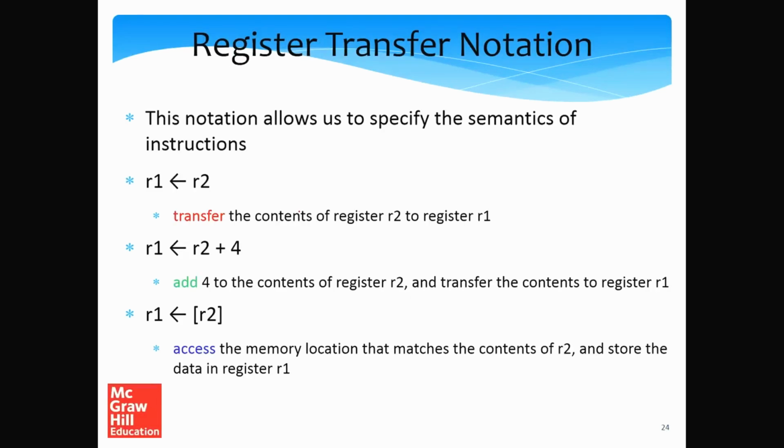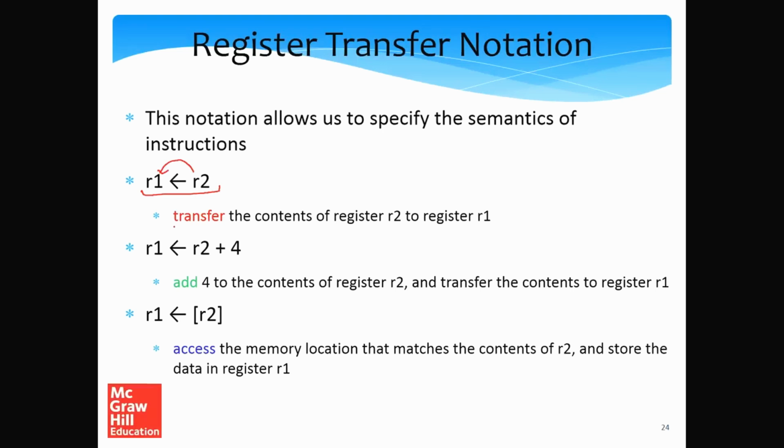Now let's introduce the register transfer notation. We'll actually require it to specify the semantics, the way that our assembly instructions work. Let's take a look at the most basic notation over here: R1, the contents of R2 being assigned to R1. This arrow indicates that the direction of data transfer is from R2 to R1.